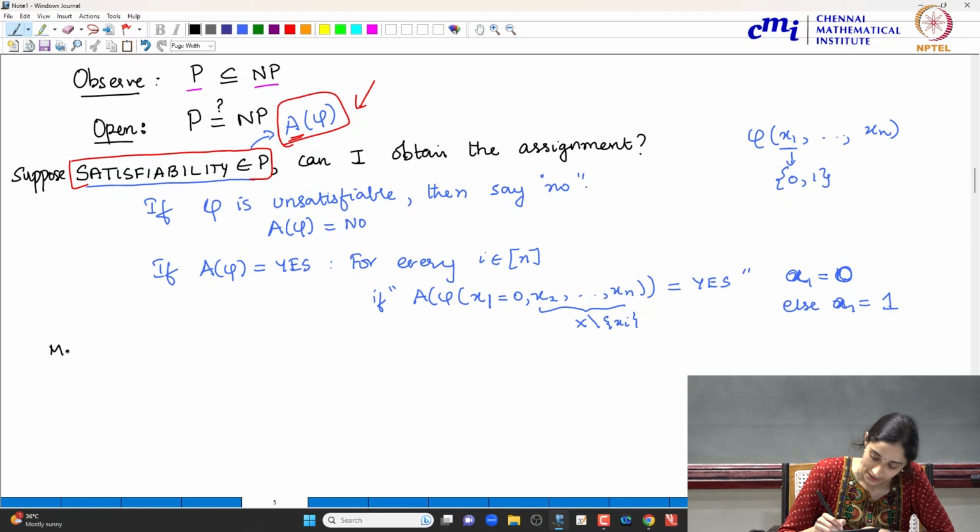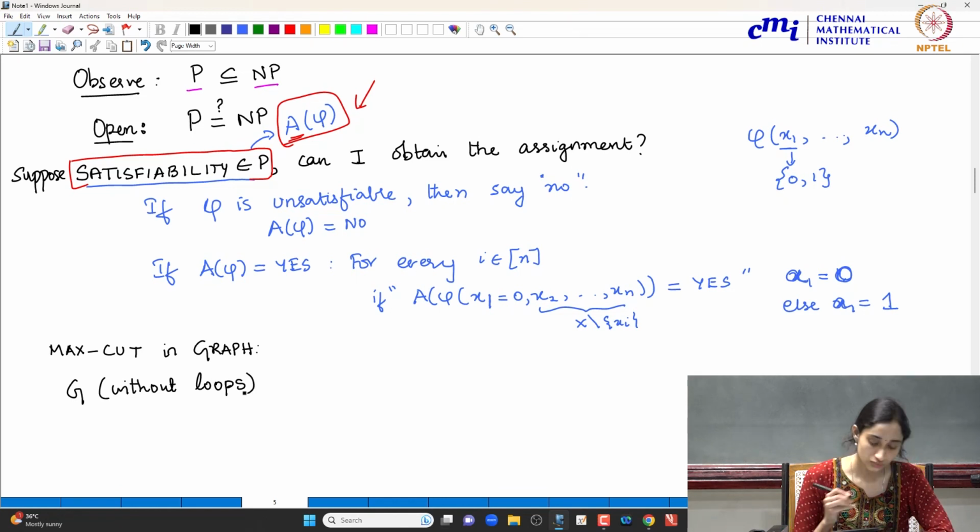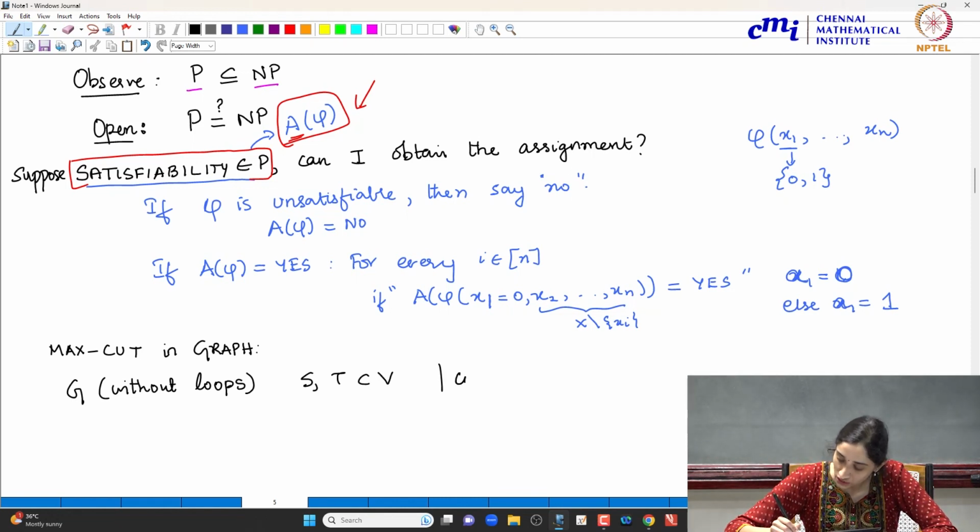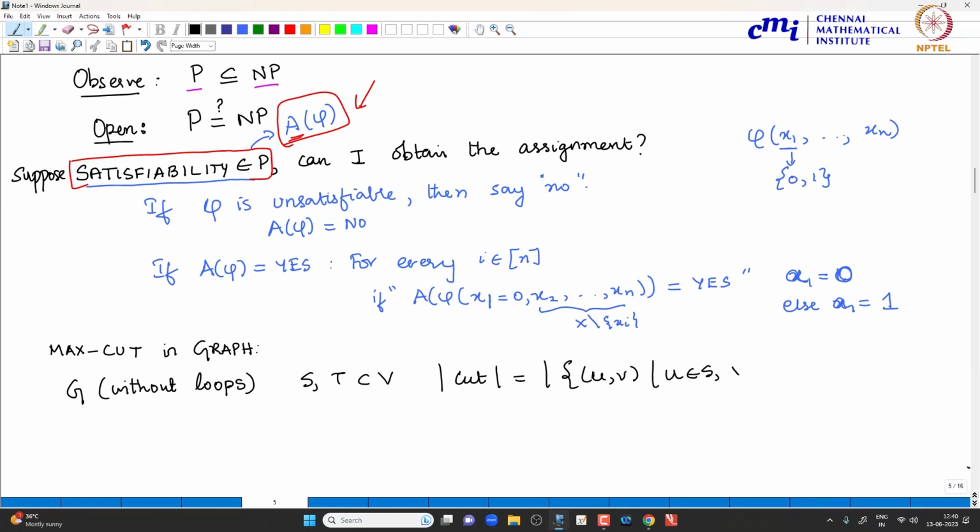Okay, so that's an observation. So let's go to a slightly different problem, which is max cut in a graph. So you're given a graph G without loops. So at the moment, let's say without loops. Was the question clear? You had to find an S and a T, subsets of V, such that the size of the cut, which is the cardinality of the edges between S and T, is maximized.